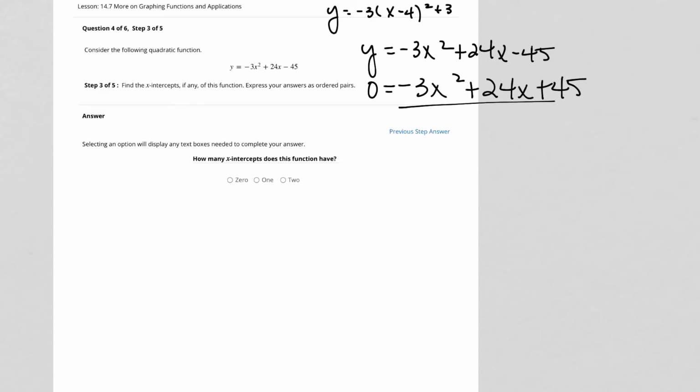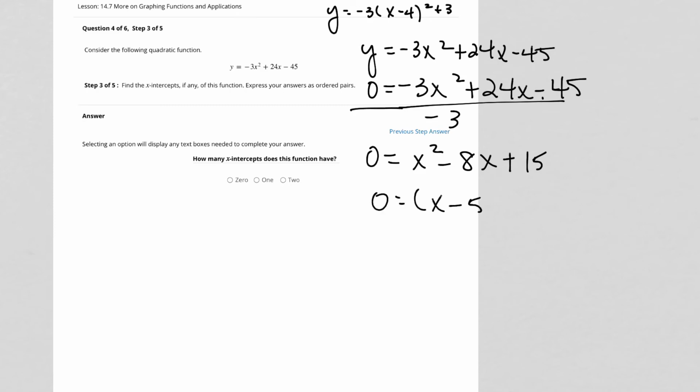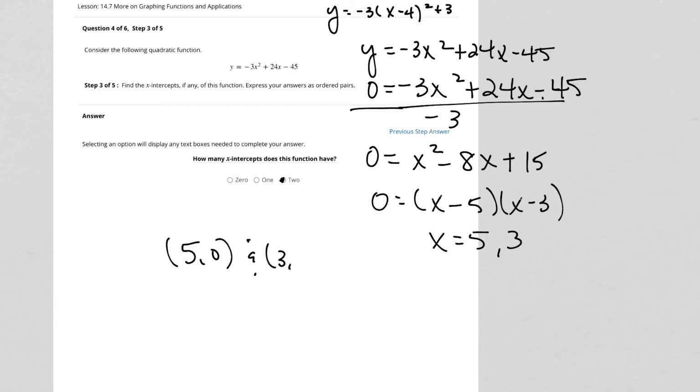And then I'm going to divide everything by a negative 3, which leaves me 0 equals x squared minus 8x, this is a minus sign, so negative divided by negative, so that's plus 15. Which factors into x minus 5 and x minus 3, which means I have 2 x-intercepts, and they are 5 and 3. So 5, 0, and 3, 0.